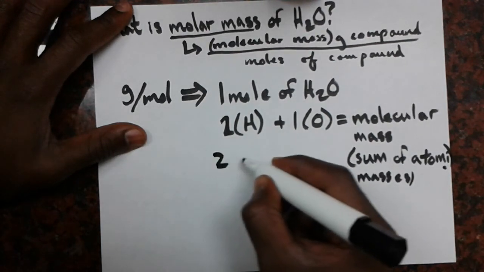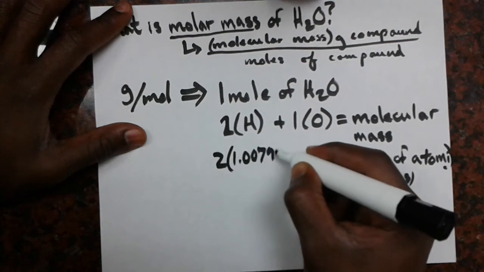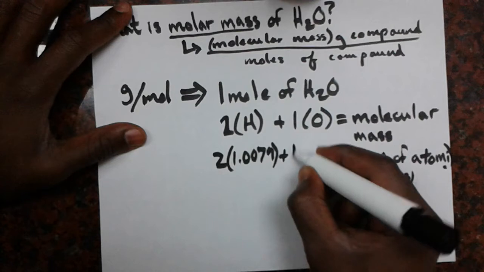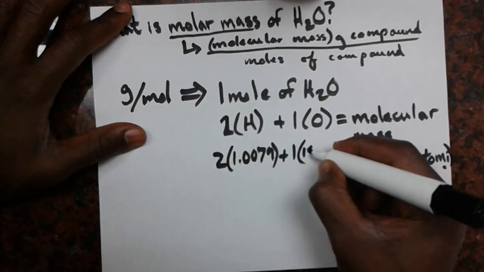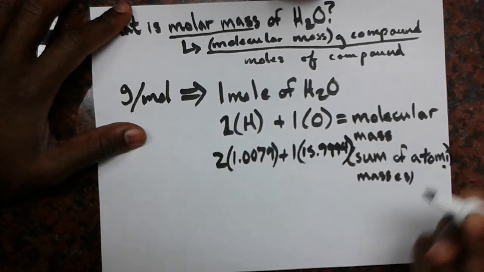So the atomic mass of hydrogen is 1.0079. The atomic mass of oxygen is 15.994.